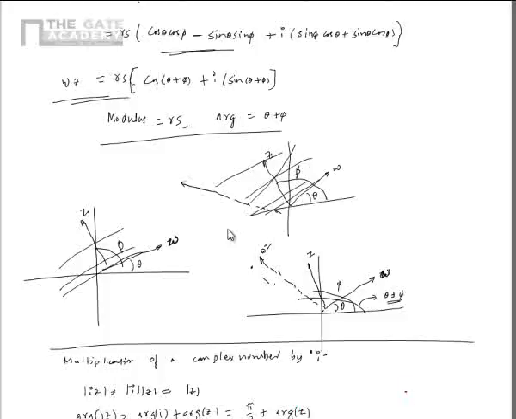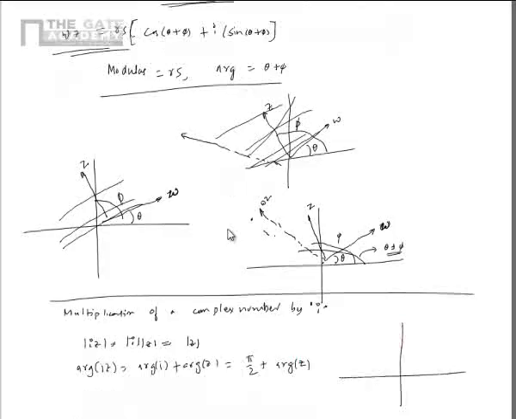So what happens is, if you have z like this, let me call it z because we have taken the example z, your iz will be somewhere here. Okay, this is iz. The modulus is the same. The only thing is, if this angle is theta, this angle should be pi by 2 plus theta.